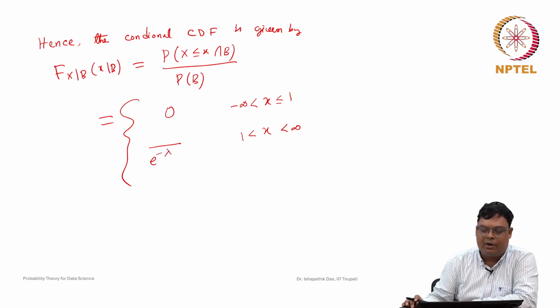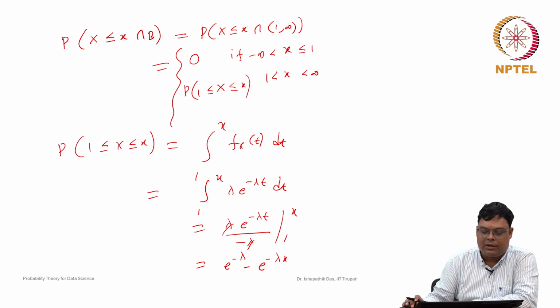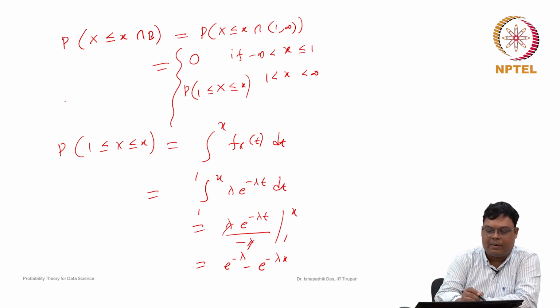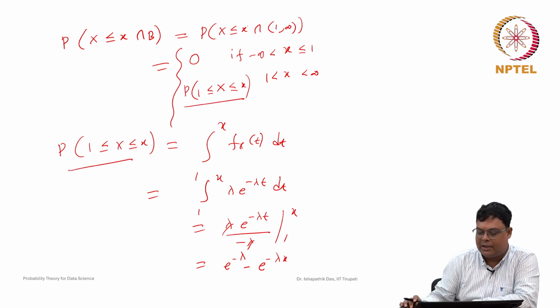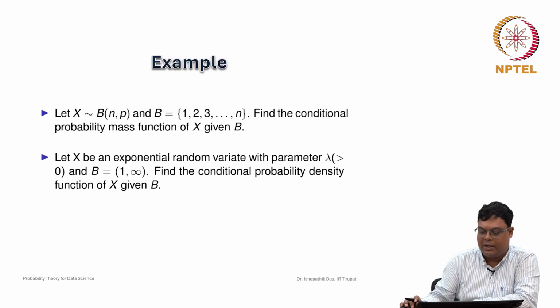And what is the probability of the upper part? We just found it. This value is nothing but e to the power of minus lambda minus e to the power of minus lambda x.